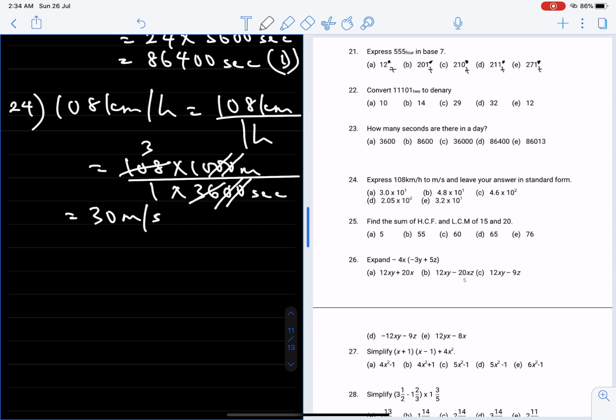So the correct option is, okay, let me leave the strokes here. We have to leave the answer in standard form. And that's the same as 3 times 10 raised to power 1 meters per second, whether 3 or 3.0 is the same. 3.0 times 10 raised to power 1 meters per second.